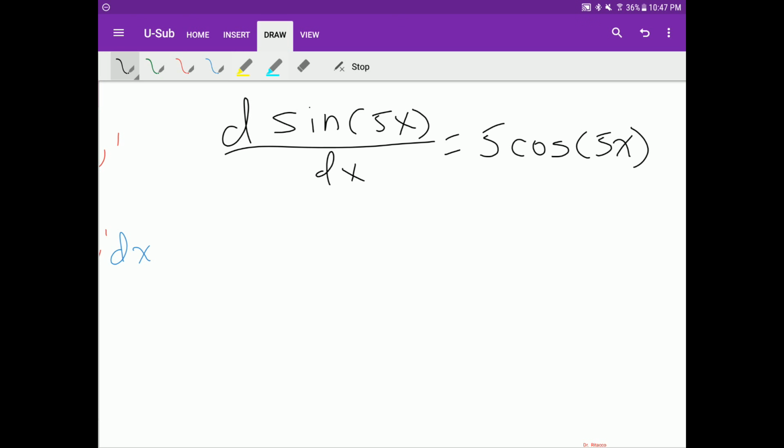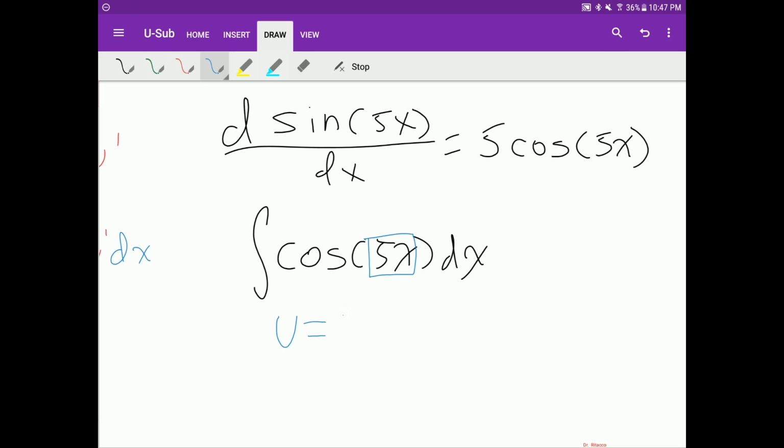So what if we had now, instead of the 5 there, we were asked what is the integral of cosine 5x dx. We're going to do the same process. Now we know we're going to look for an inside function. Well, here we've got an inside function.